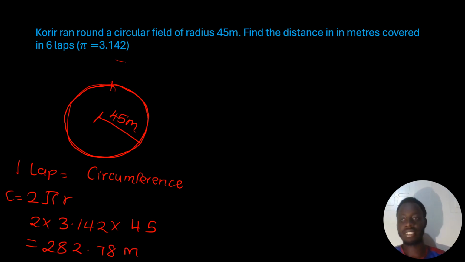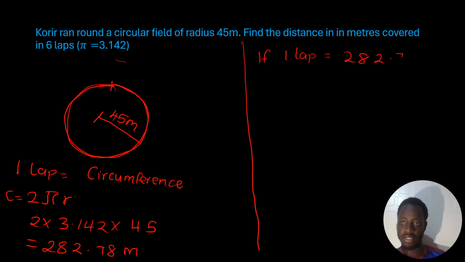So our circumference is 282.78 meters. And we said 1 lap is equal to circumference. So if 1 lap is equal to 282.78 meters, what about 6 laps?